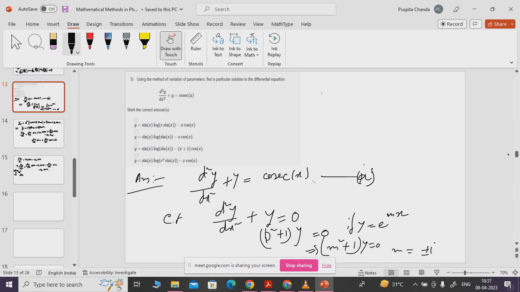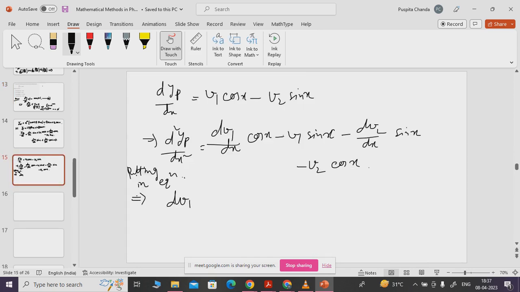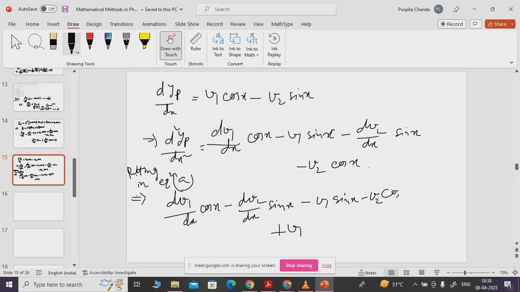In equation A we get dv1 dx cos x minus dv2 dx sin x minus v1 sin x minus v2 cos x plus v1 sin x plus v2 cos x is equal to cosec x. So this is done.